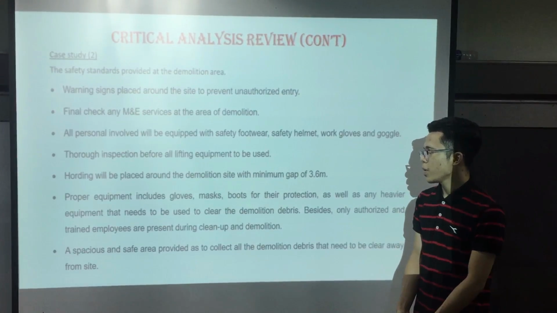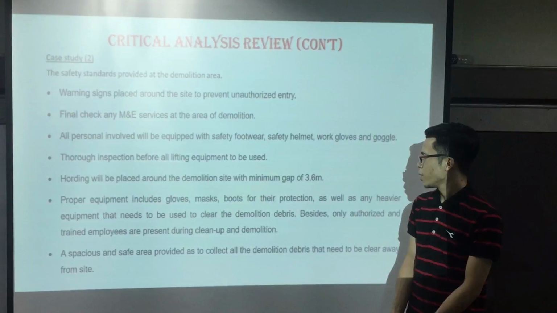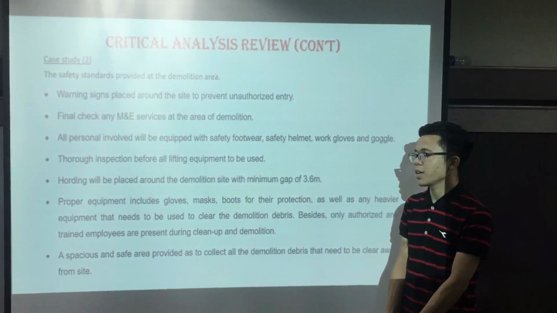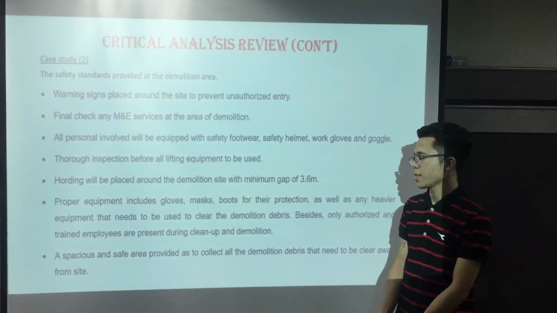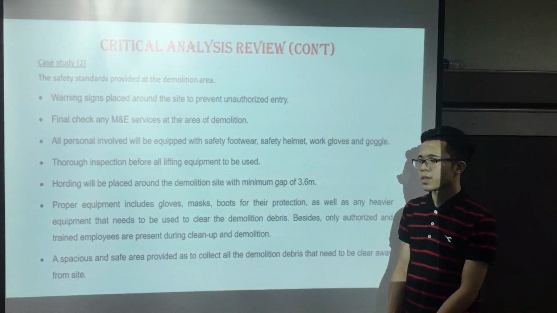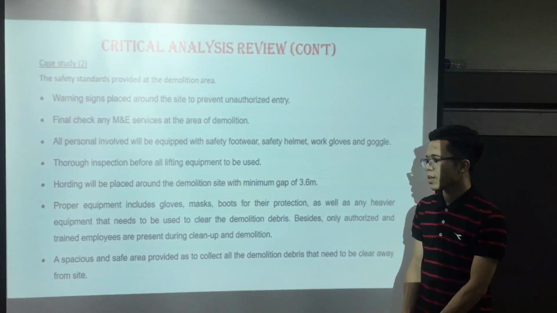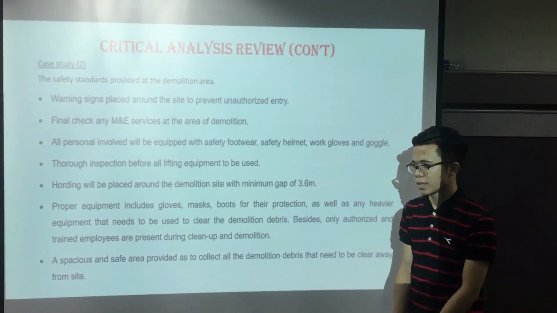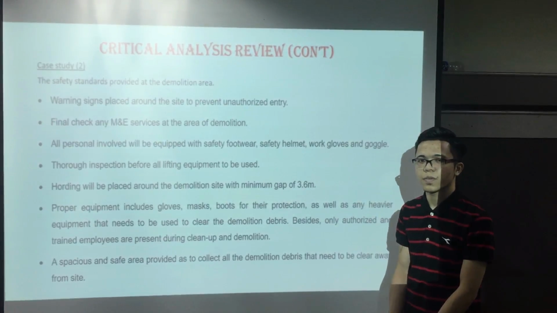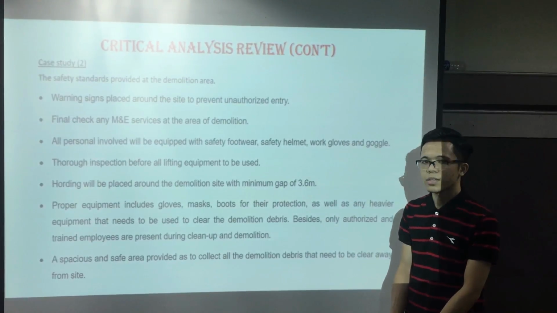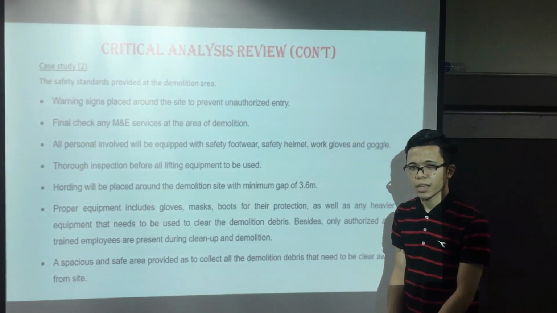Next, proper equipment including gloves, masks, and boots for protection, as well as any heavy equipment needed to clear the demolition debris. Besides, only authorized trained employees are present during the cleanup and demolition. And last but not least, a spacious and safe area is provided to collect all the debris that needs to be cleared away from the site.